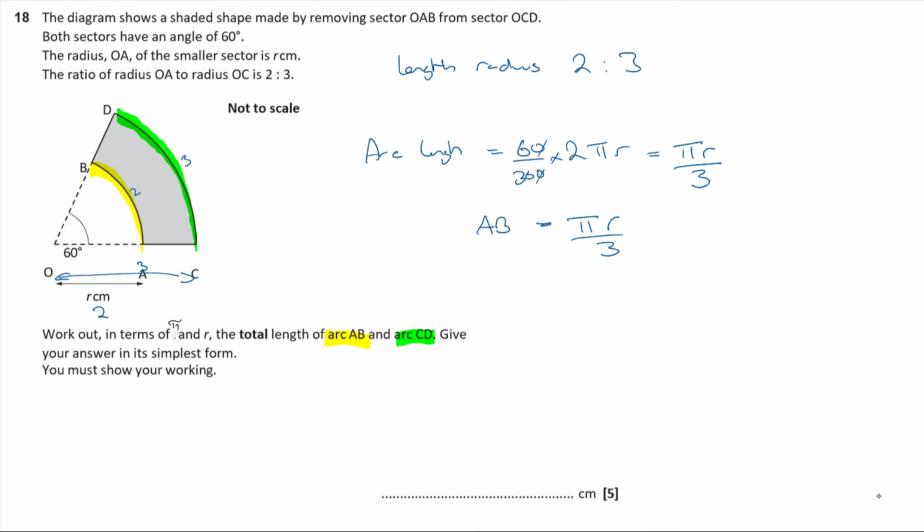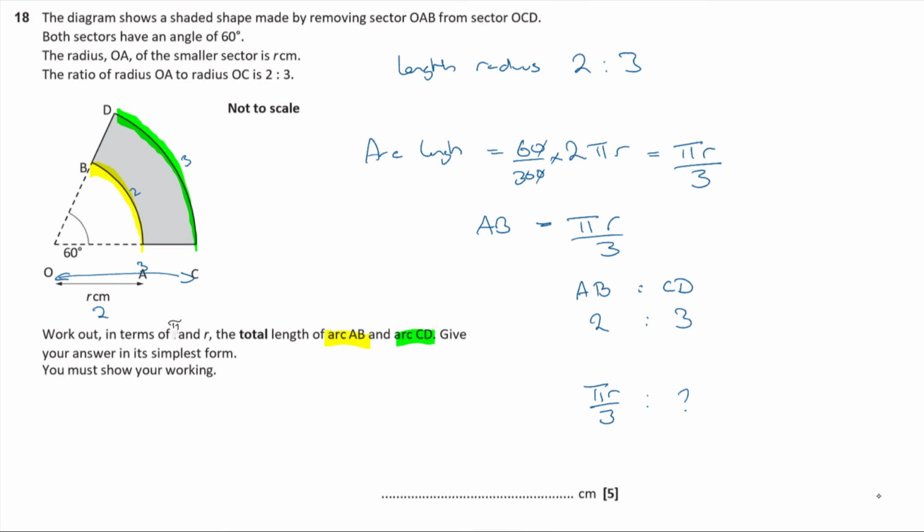Okay, so we've already discussed that if they're similar, then AB to CD are going to be in the same ratio as the radius, so they're going to be in the ratio of 2 to 3. Now I know that AB is pi r over 3. So how can I work out the other side of the ratio?